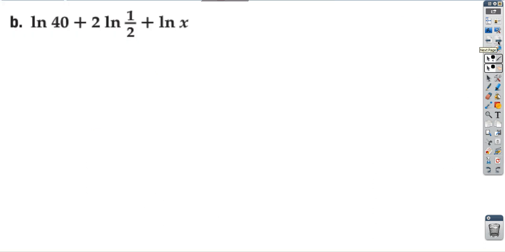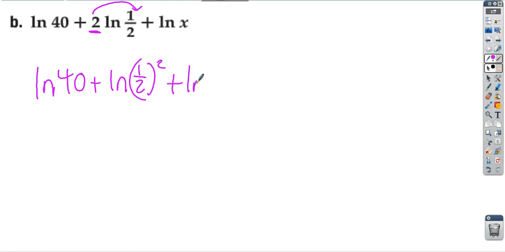Okay, this one's a little bit trickier. So we have a bunch of stuff being multiplied together, and then we have numbers in front. So it's always a good idea to start by taking these numbers in front and just putting them back up as powers. So we have the natural log of 40 plus the natural log of 1/2 squared plus the natural log of x. Okay, let's put these back together. So we're adding these together, so that means we must have started out by multiplying them.